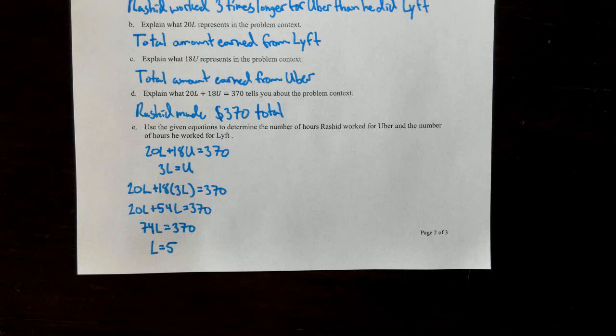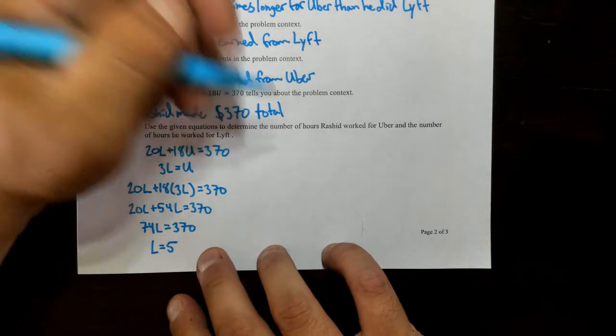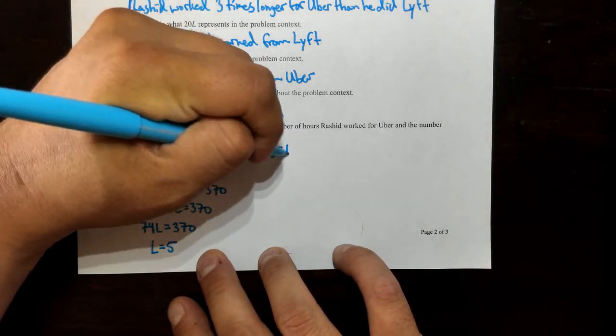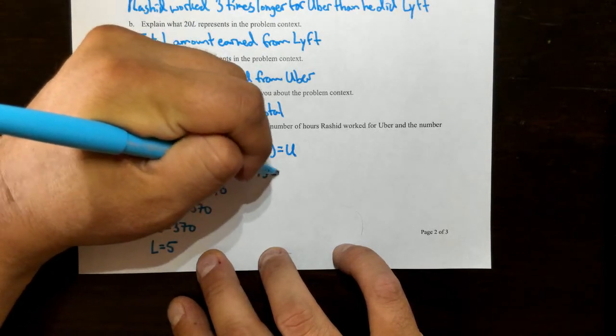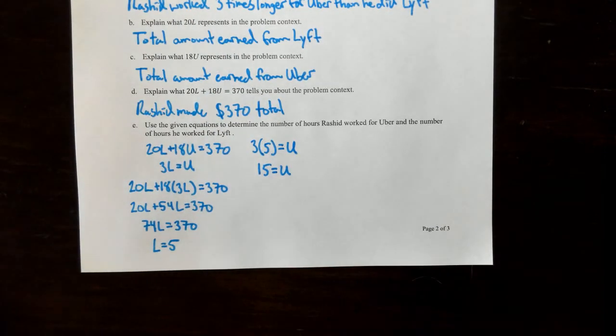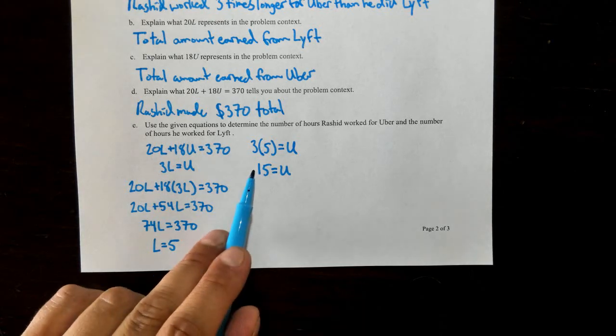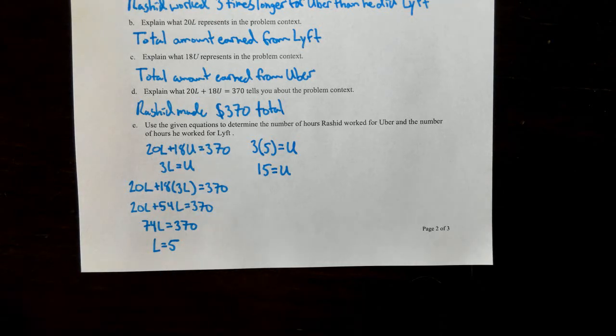Now to find Uber, I'm just going to plug in 5 for L. I'm going to use the second equation. It's already solved for U. So 3 times 5 is equal to U. So 15 equals U. So this is telling me that he worked for 5 hours for Lyft, and he worked 15 hours at Uber.